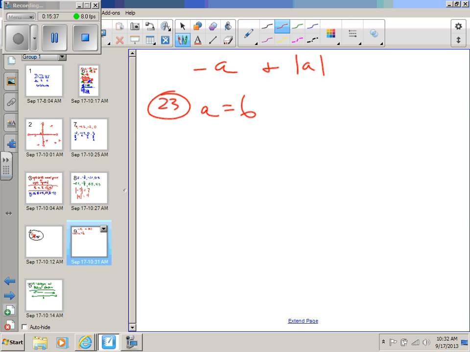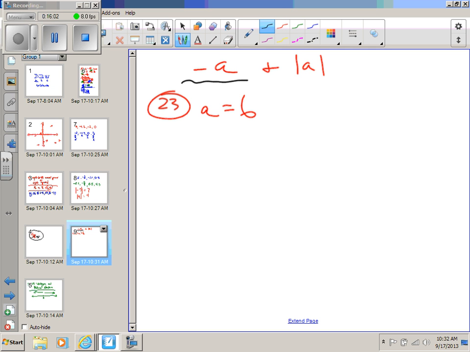Now, the first part, when they say they want negative A, basically you're going to multiply your A, whatever A is, by what is there. Negative what? What's the skinniest number that can fit in between there? It's a negative 1.